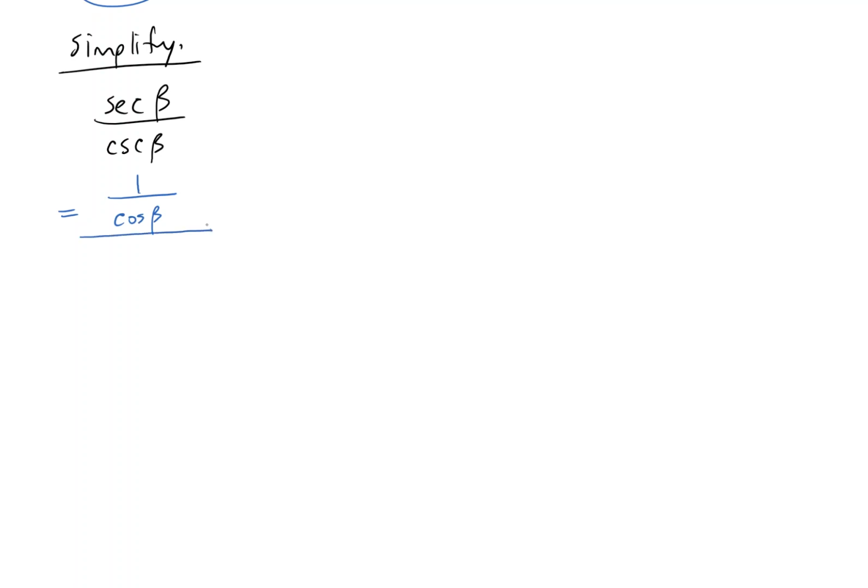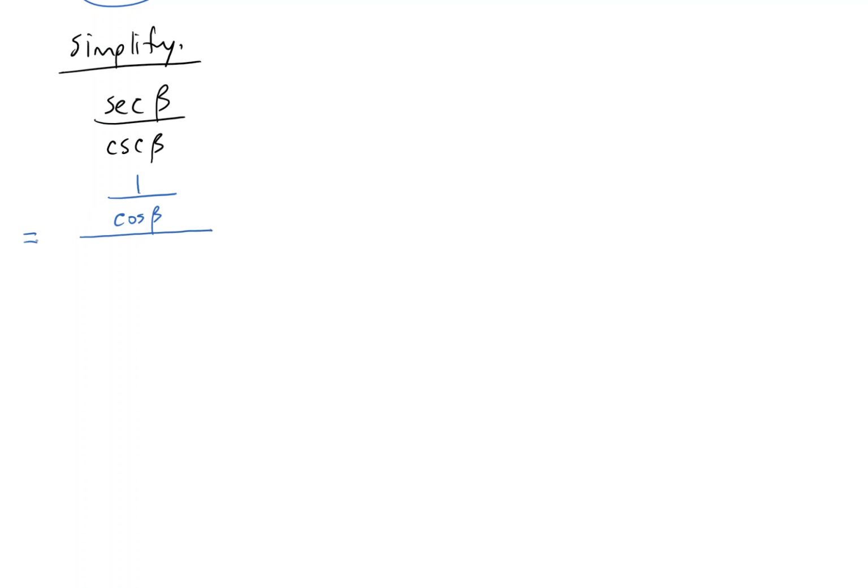Let's do another simplify problem. Let's say I've got secant of beta over cosecant of beta. Well, secant of beta is 1 over cosine of beta, and that's all over, so I'll make a larger fraction bar here.